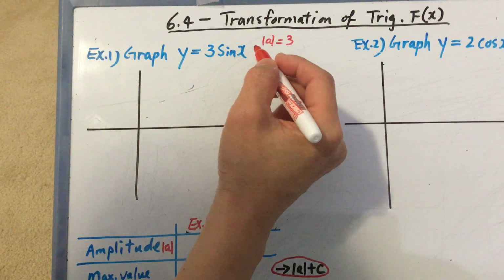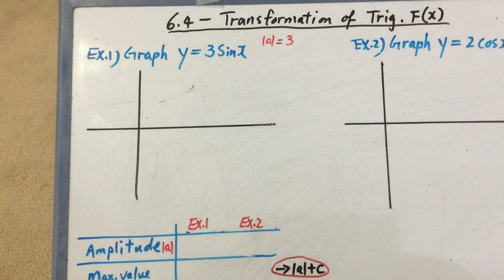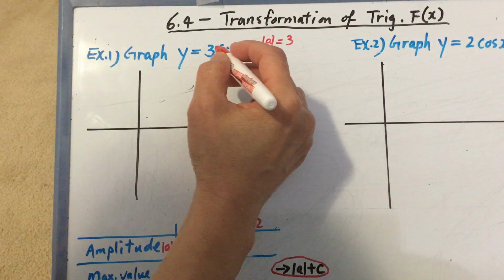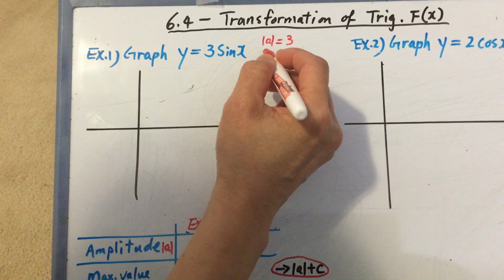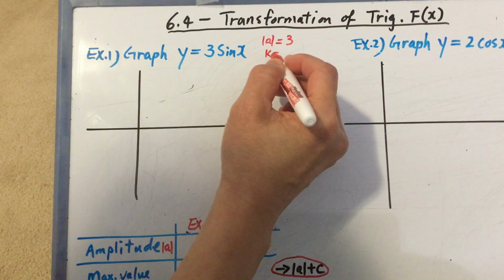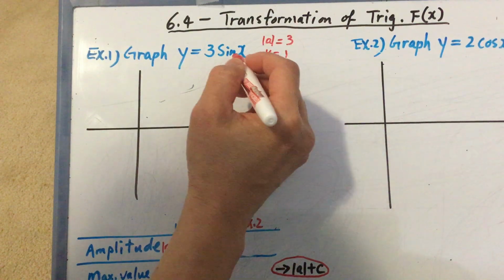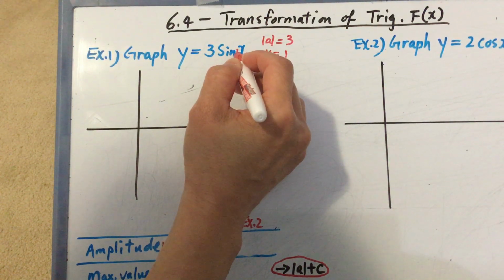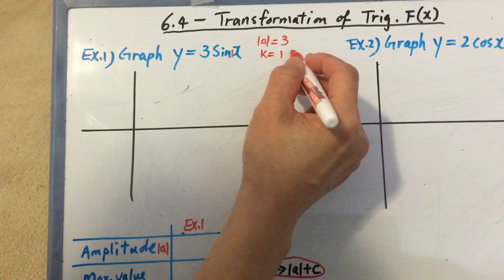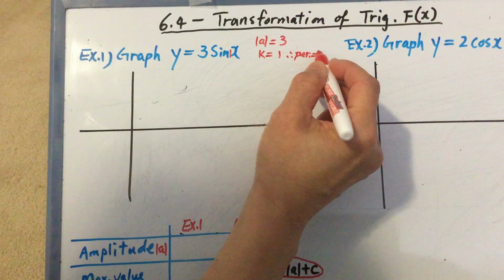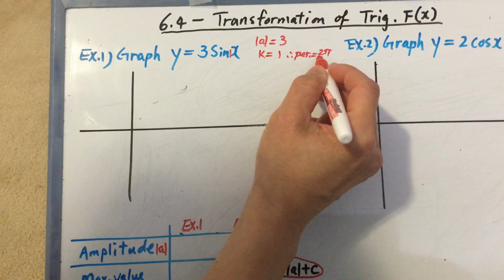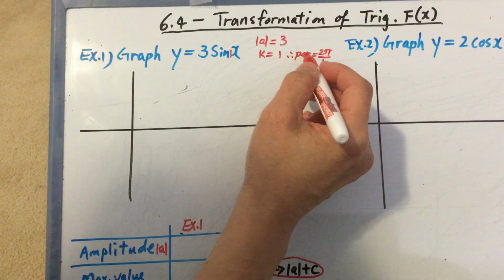And the, sorry, not the b value, the k value, that goes in here, that will determine the period. K is going to be equal to 1. So here is where the k value is. Therefore, we know that the period is going to be 2 pi over 1 over k, so still 2 pi.